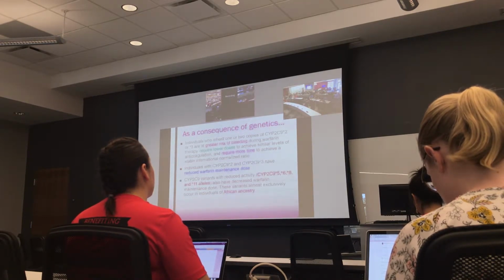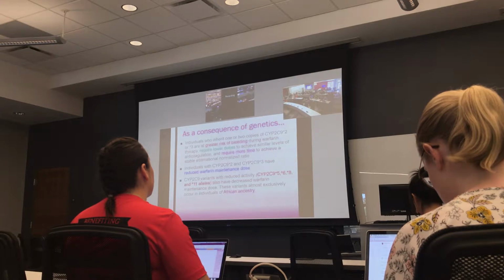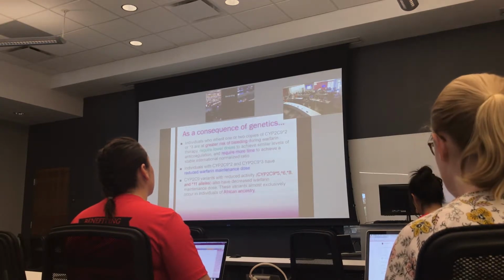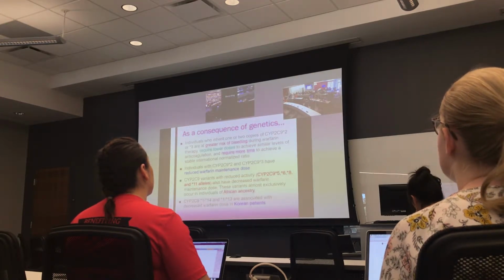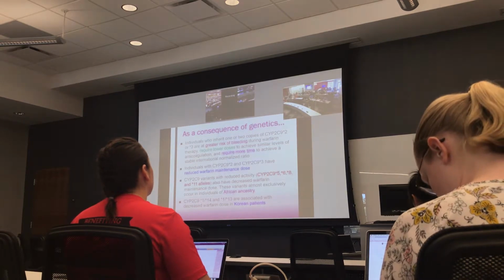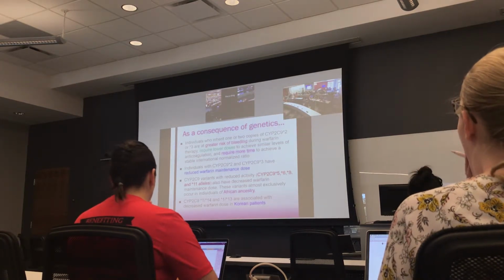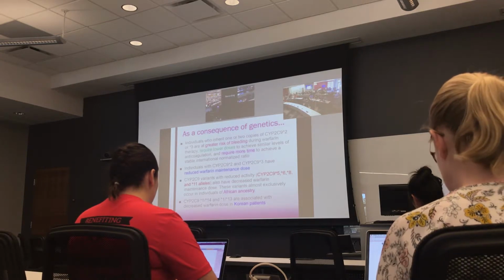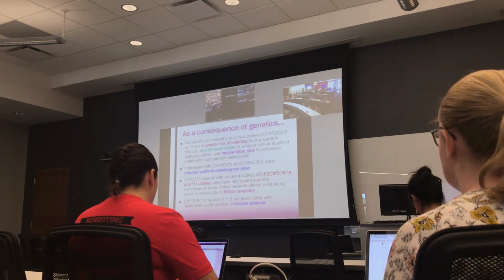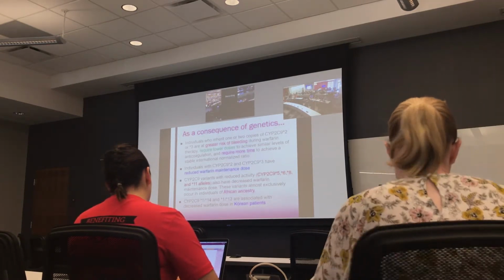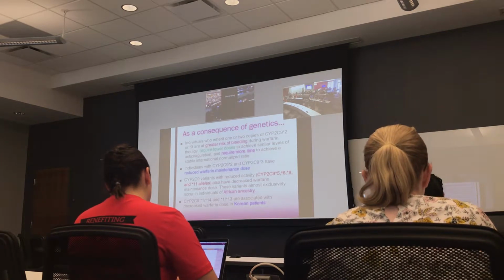But these variants occur almost exclusively in individuals of African ancestry. This summarizes what I said on the previous slide. We also have the rare star 13 and star 14, which are associated with decreased warfarin dose in Korean patients. Again, the takeaway is that all populations are affected, but the alleles will vary.